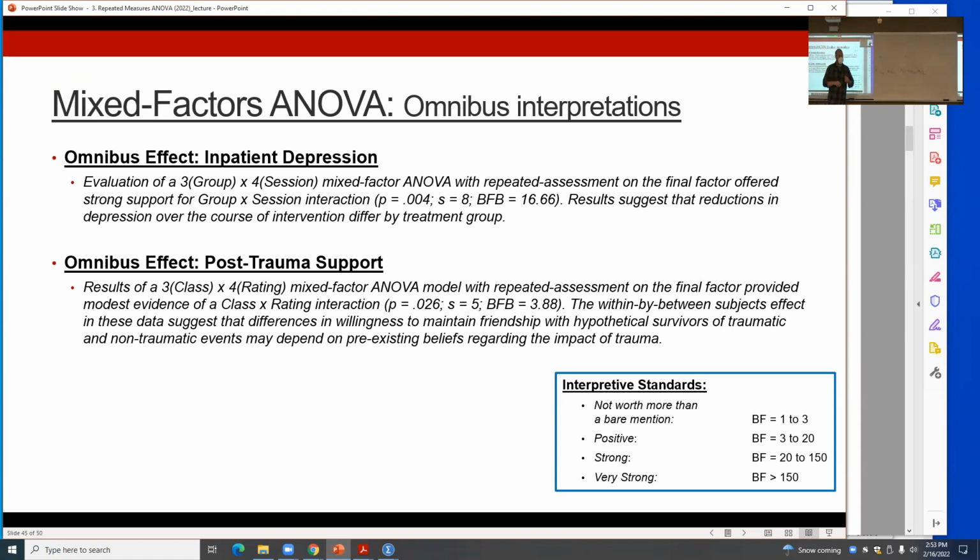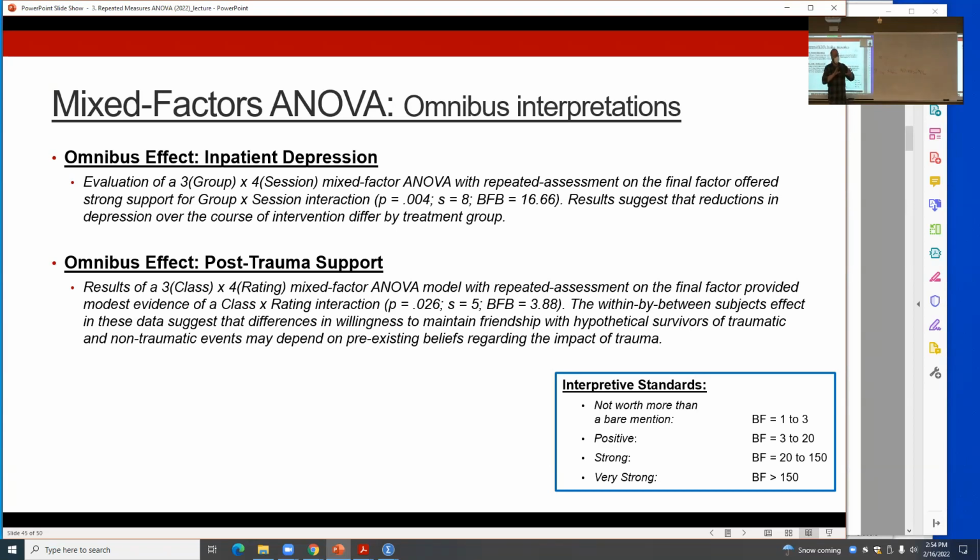But if we go down, instead of having this piece that gets pulled out, we have a factorial ANOVA now, right? So collapsing across all scores across our repeated measure, do we see differences across levels of factor 1, ignoring factor 2? Do we see differences in levels of factor 3, ignoring 2? And then do we see an interaction of those?